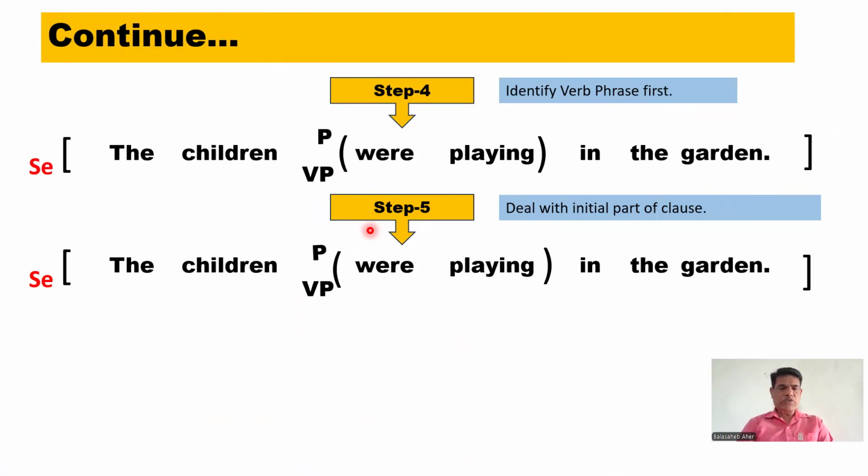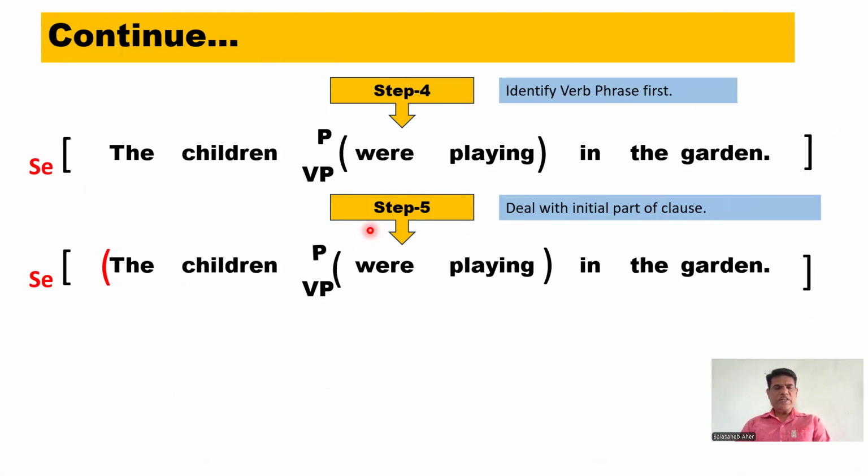Now let us come to the children. So we have to take each and every word in some bracket or the other. Our first bracket will start from the, because that is the first word of the clause. So we have started it from the, and now we have to close that bracket. It may be closed after the or after children.